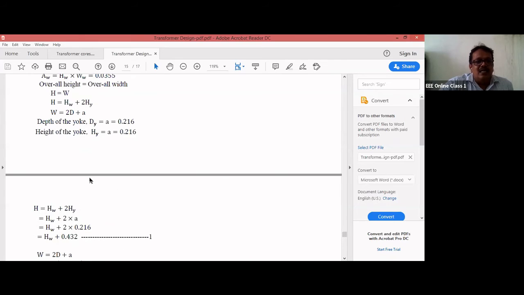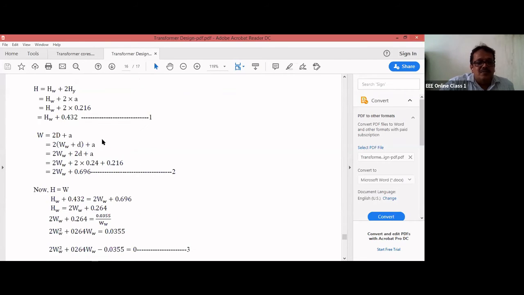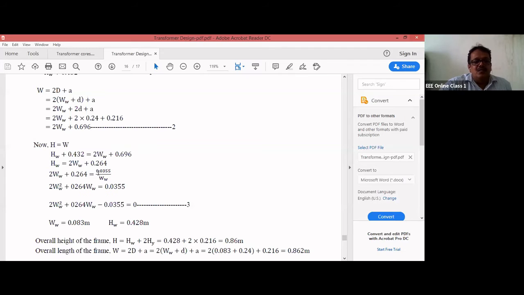HW means area of the window. We already calculated the area of the window. Substitute for HW. HW is nothing but area by WW. Area of the window 0.0355 divided by WW.